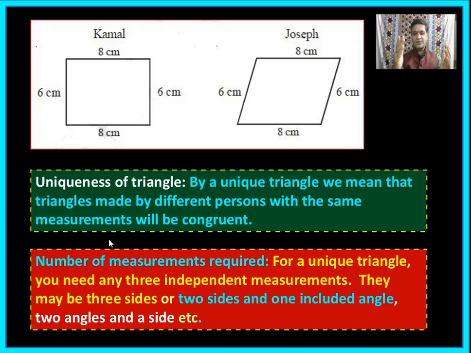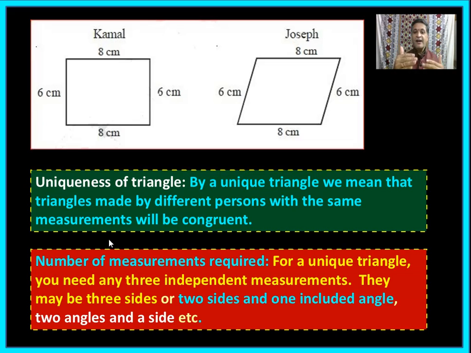And the number of measurements required to construct a triangle: we need 3 independent measurements. There may be 3 sides, or 2 sides and 1 included angle, or 2 angles and a side. Whatever it may be, we need 3 independent measurements.